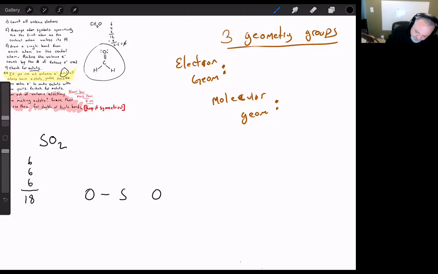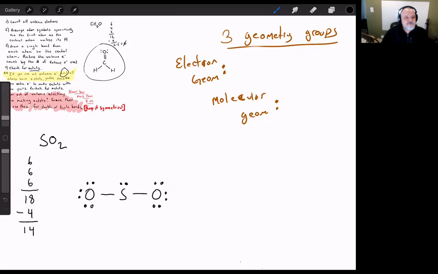Now let's draw a single bond to make octets. How many did I use? I used 4. So let's reduce our count. I should have 14 left. So let's do 1, 2, 3, 4, 5, 6, 7, 8, 9, 10, 11, 12, 13, 14.